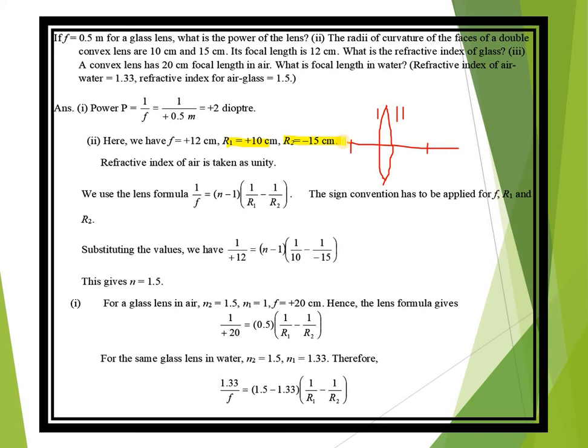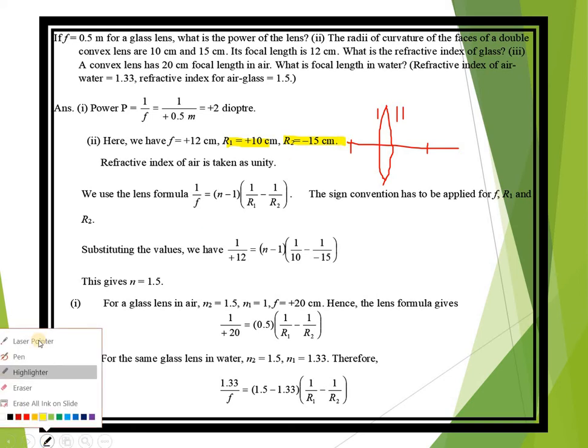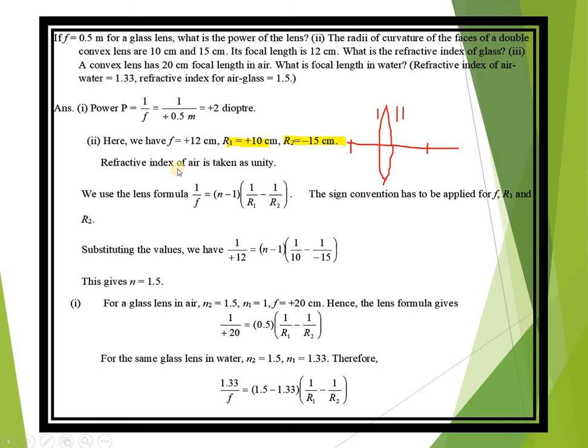If the problem is given for a concave lens, then accordingly the plus and minus values should be taken. The refractive index of air is taken as unity. That means this n is the refractive index of glass with respect to air. If we solve it, we will get the value of the refractive index to be 1.5.